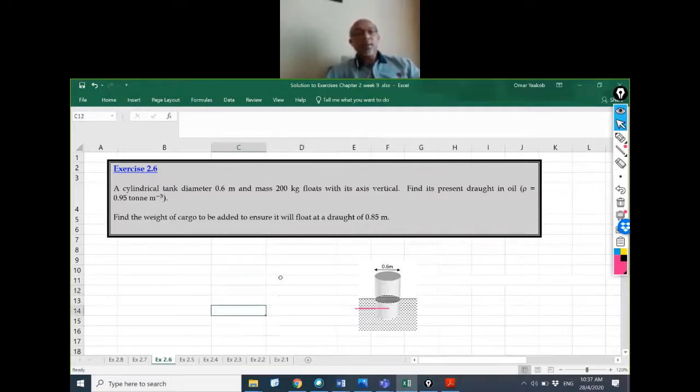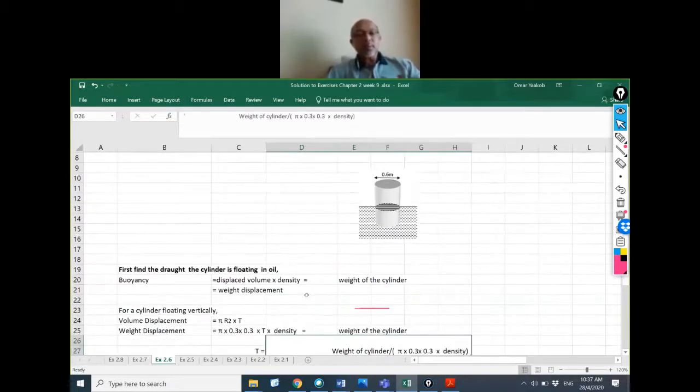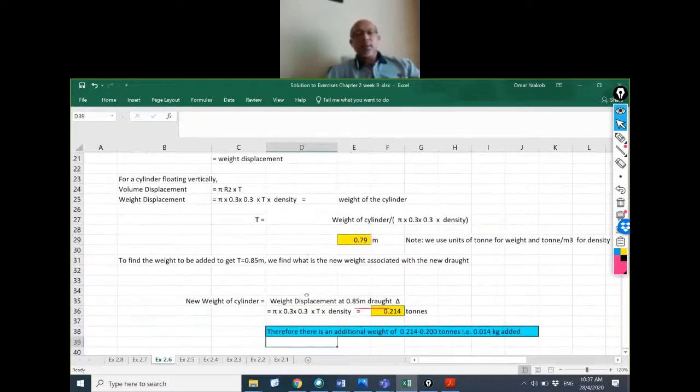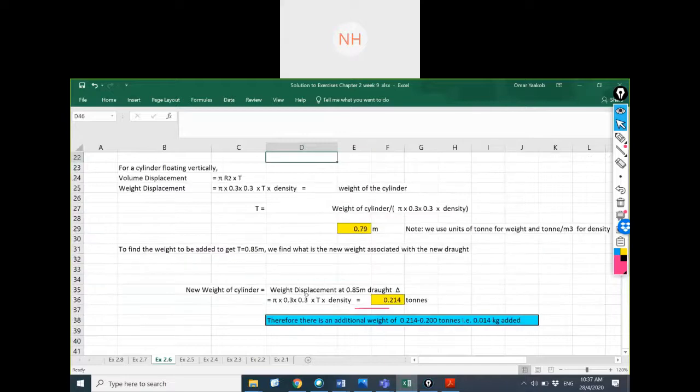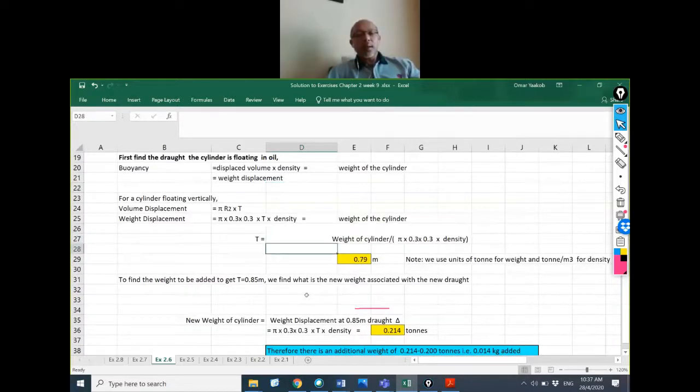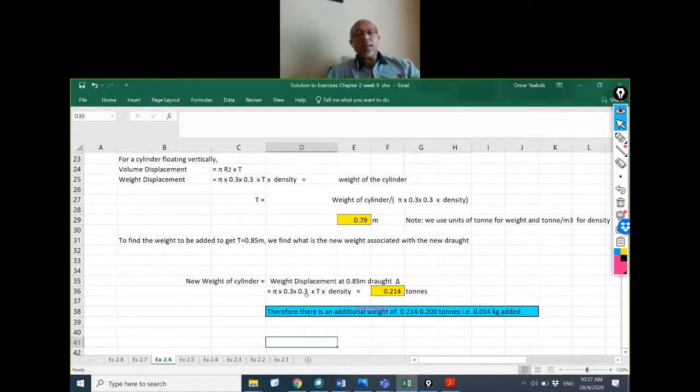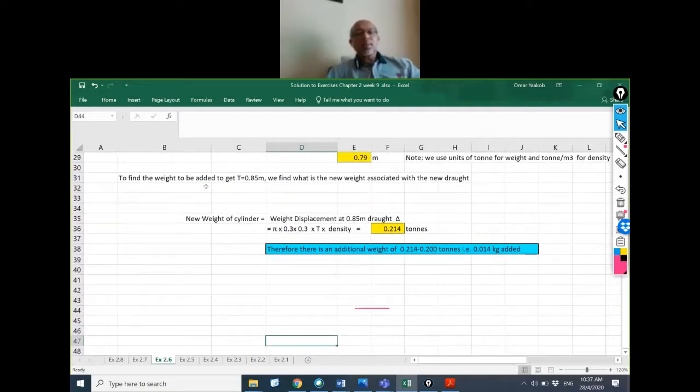And we find the weight of cargo to be added. This one, weight to be added. This part is still the same. The calculation is still the same, and then to find the weight to be added, we know there are two drafts.